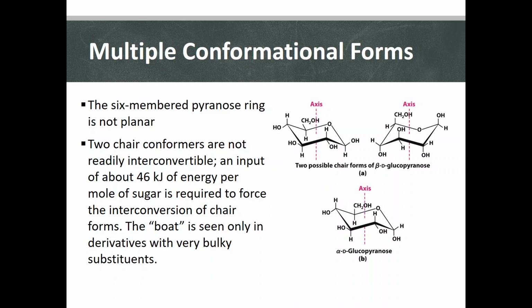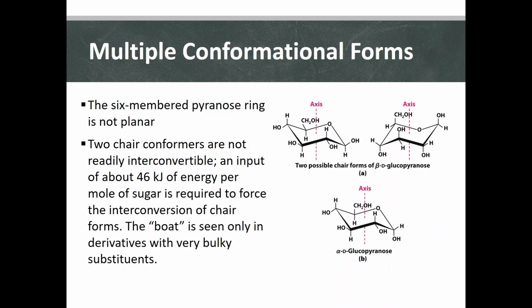This is basically a rotational relationship. Configurations, on the other hand, require you to break bonds. So going from the beta to the alpha form requires a bond to be broken, but going between conformations requires only rotational alterations, which do not require bond breakage.